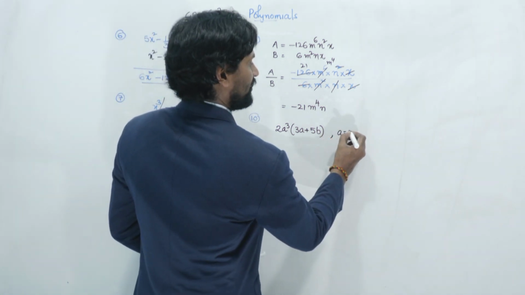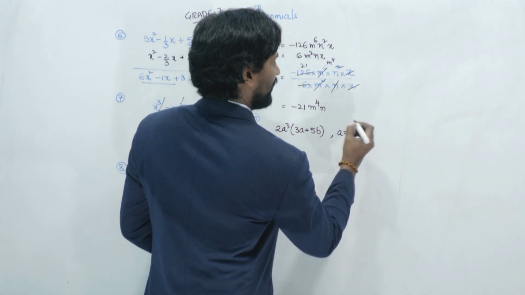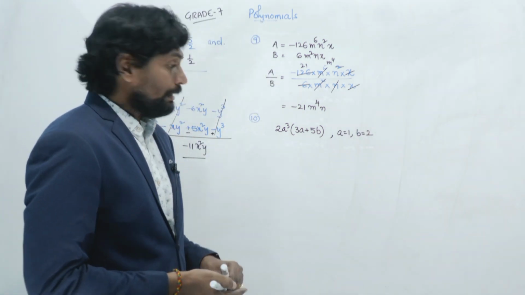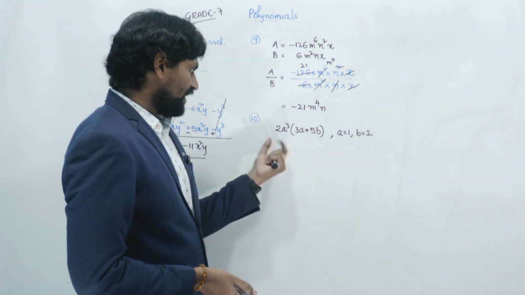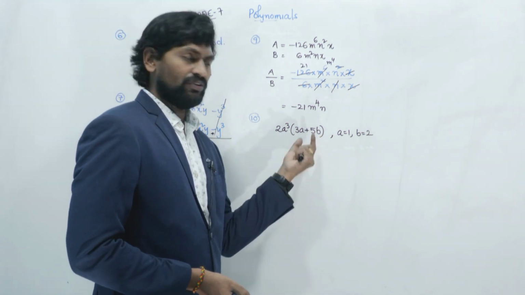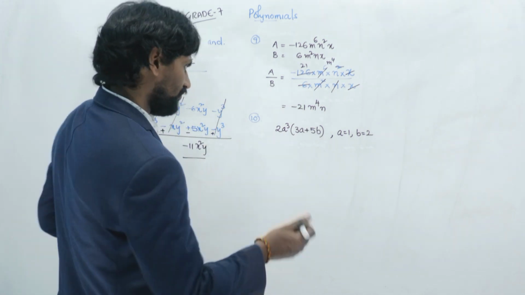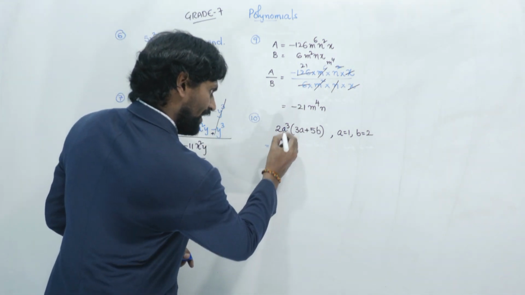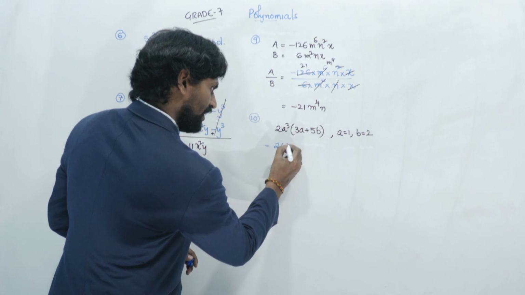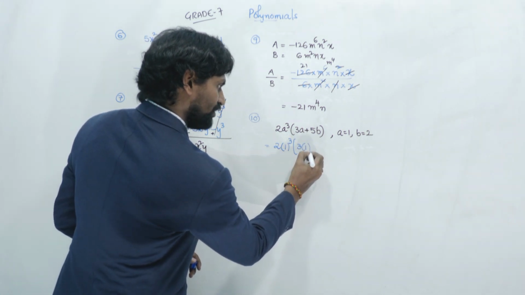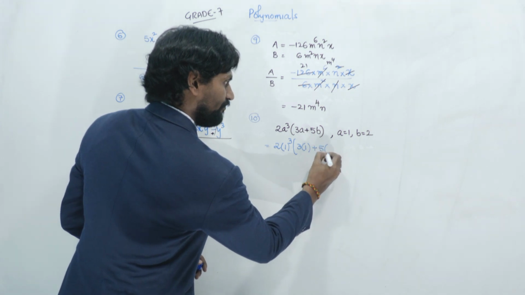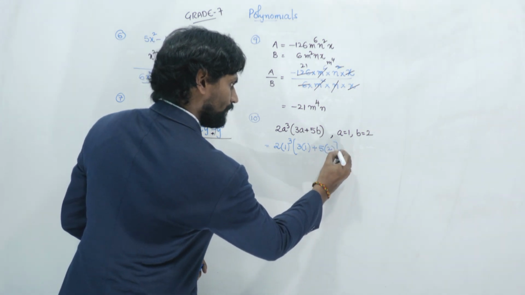So we need to find this value where a should be substituted by 1 and b should be substituted by 2. Whenever you see a and b, the a value must be filled with 1, the b value must be filled with 2. Let us try to find it. So 2 into a cube, in the place of a, we should write 1. 2 into 1 cube plus 3a, 3a means 3 into 1, plus 5b, 5 into b value is 2.